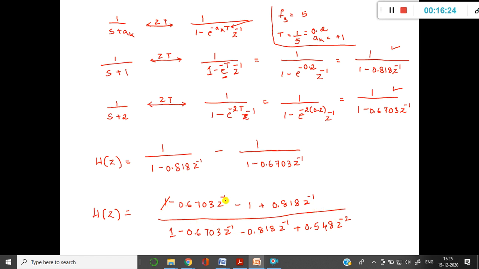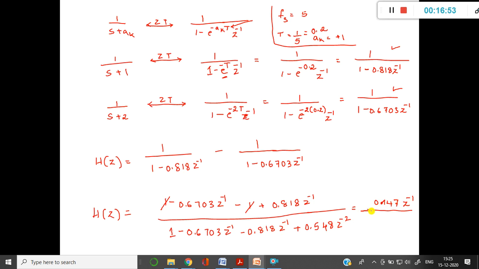Simplify this, I'm going to cancel out plus 1 and minus 1, and finally write the equation here. Minus 0.6703 z inverse plus 0.818 z inverse. So in the numerator I'm going to get 0.147 z inverse.